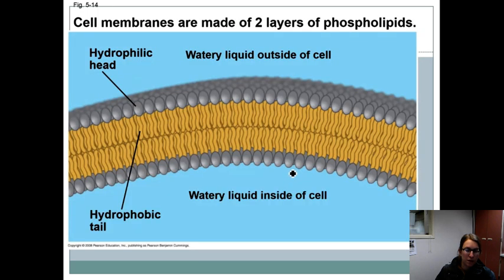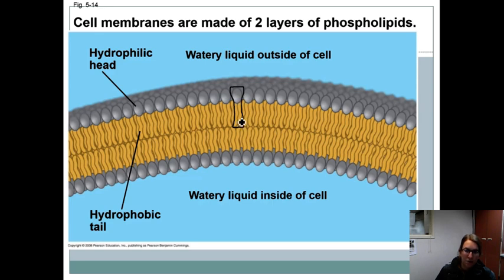These are super important in biology because they make up cell membranes and membranes around organelles. So this is a picture of a cell membrane, and you can see that there are two layers of phospholipids. If we were to outline a single phospholipid, I'm really bad with drawing with the mouse, but there's one phospholipid, and it's got the head and the two tails.